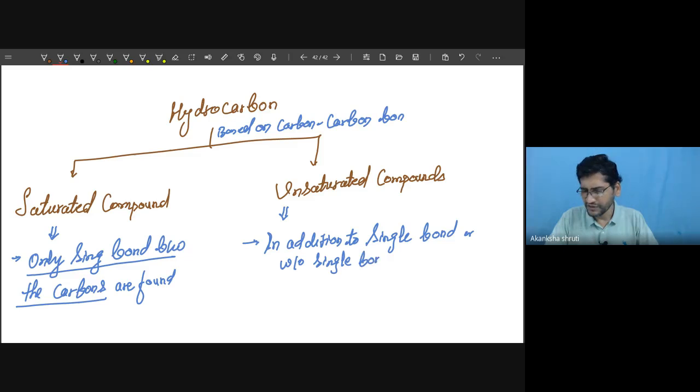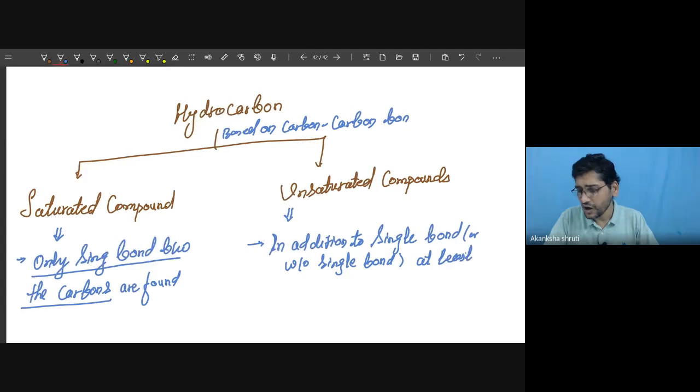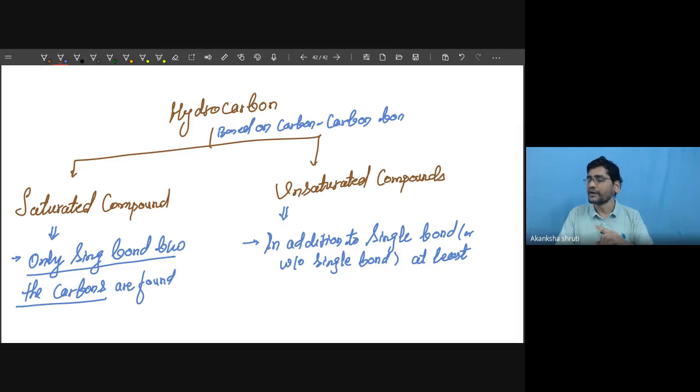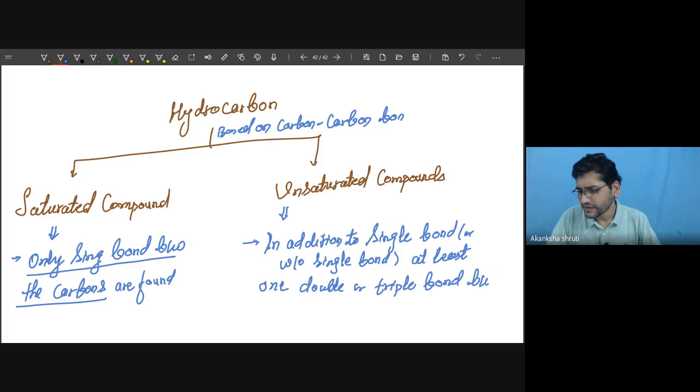But mostly it is in addition to single bond, at least, means not for all the carbons, at least one double or triple bond, maybe double, or maybe triple, or maybe both, between two carbons is present. Then it is called unsaturated.